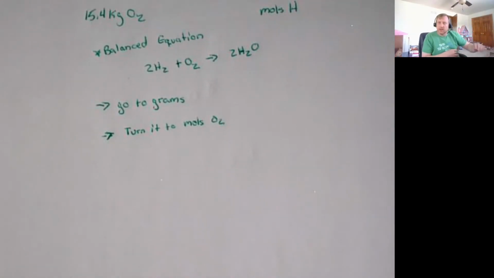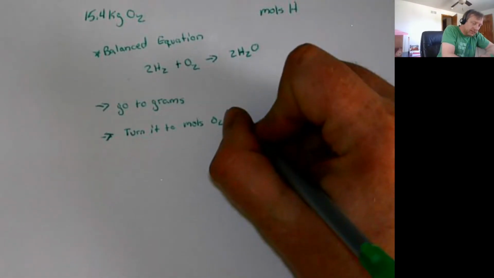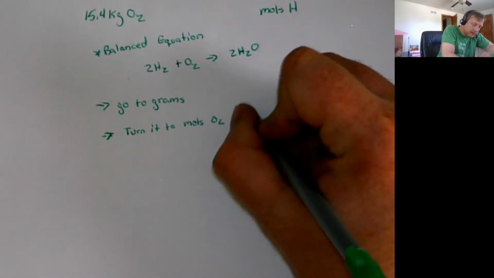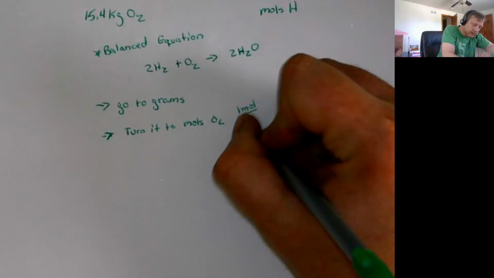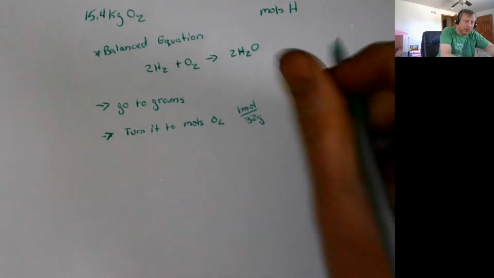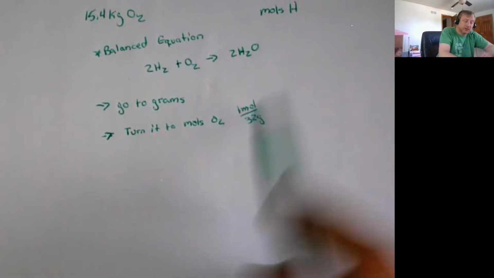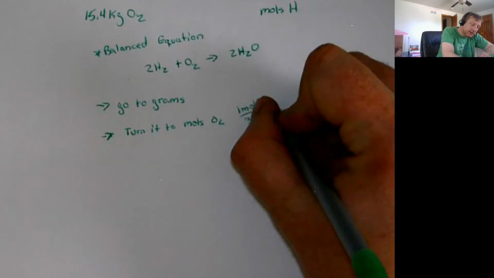In order to do that, we're going to need to use the atomic mass off of the periodic table. The atomic mass for oxygen is 32 grams per mole, but you're going to want it in the form of 1 mole per 32 grams. You're going to use that to do a unit conversion to get from your grams to your moles of oxygen.